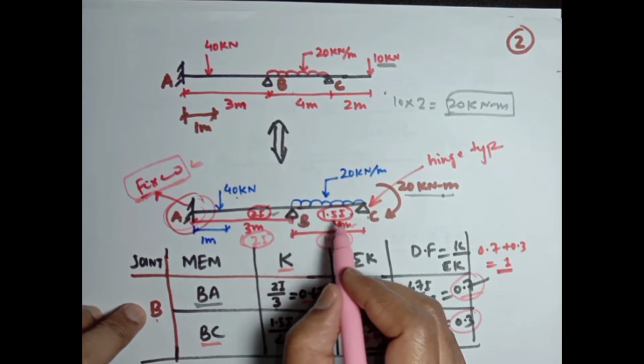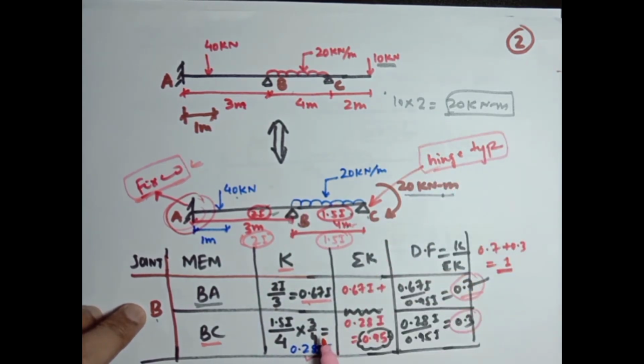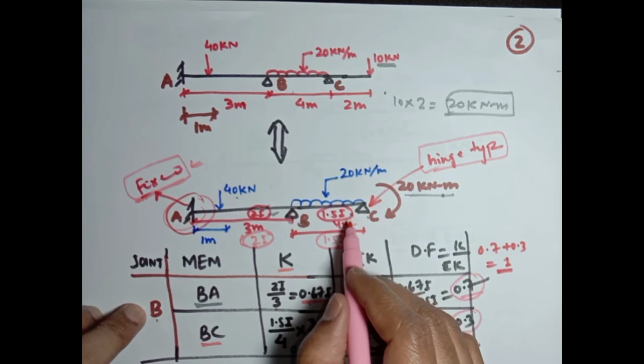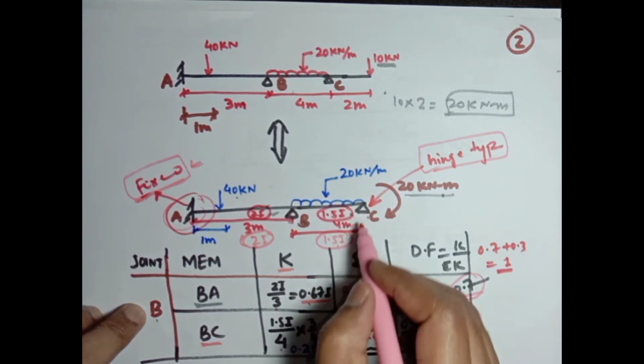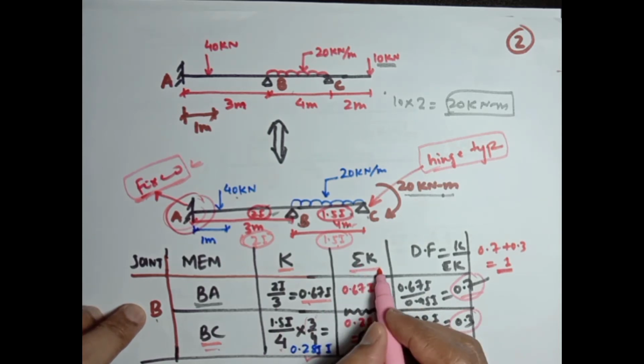And if the far end is a hinge support, we will have to multiply with another factor, which will be 3 by 4. You have to remember this concept. So 1.5I divided by 4 multiplied by the factor of 3 by 4 will give 0.28I. This is the relative stiffness for member BC, and this is the summation of the relative stiffness.